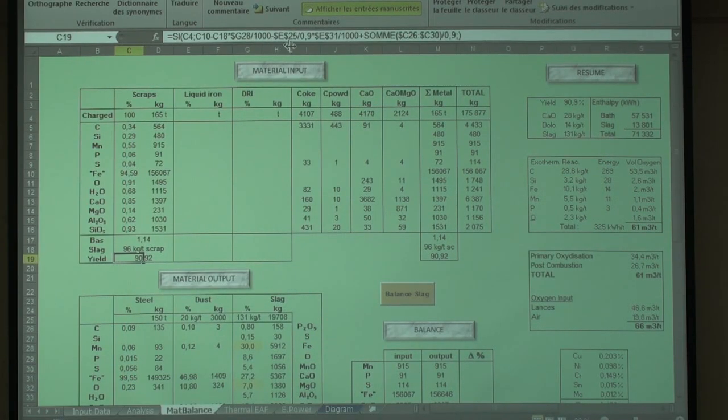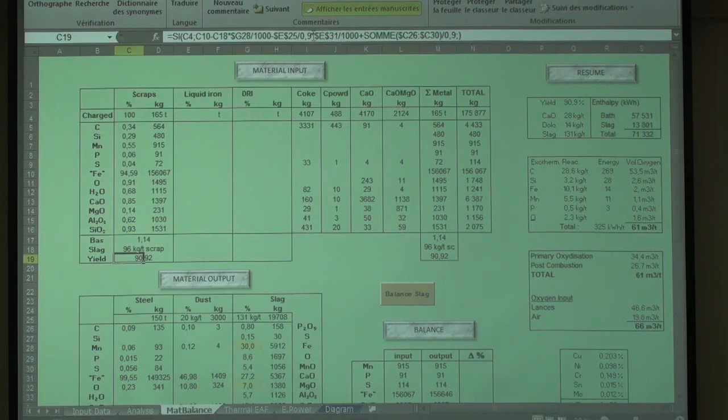Okay? Minus the iron I will lose as well in the dust. The E column is the dust. You see? E25. E25 is the dust amount times 0.9. Why 0.9? Now I don't remember where I put the 0.9.